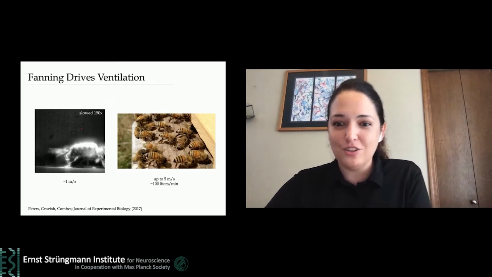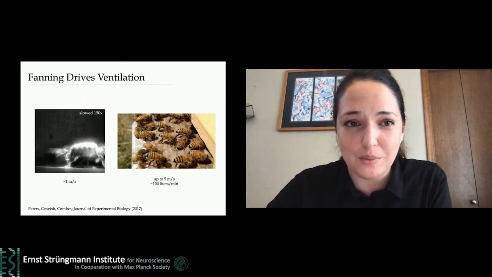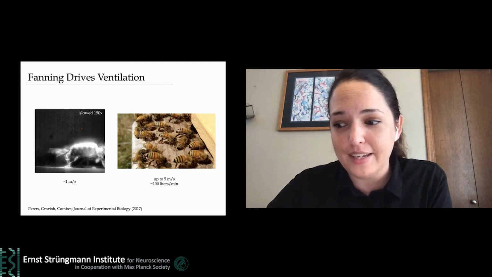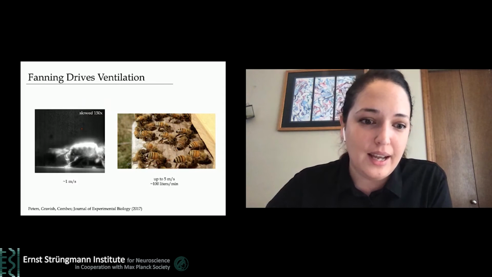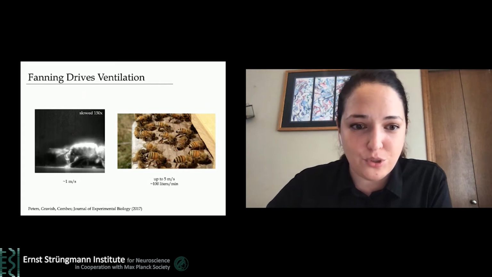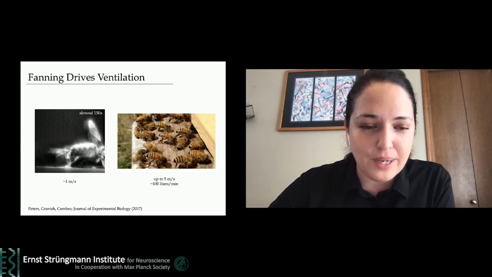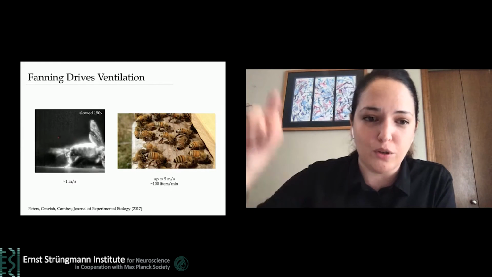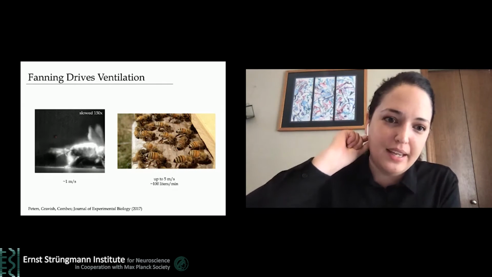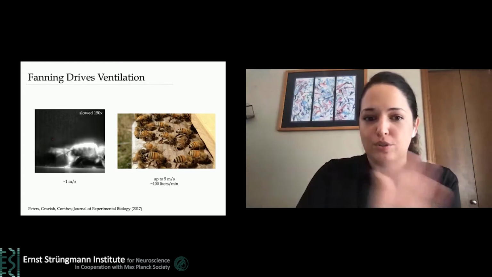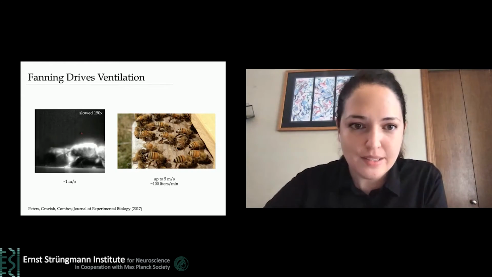So it turns out that bees solve that problem by fanning at the entrance of the hive. On the movie here on the left, I'm showing you a single bee that is fanning. There is a red marker that follows one of the air vortices. So you can see that it's driving air backwards along its body axis.